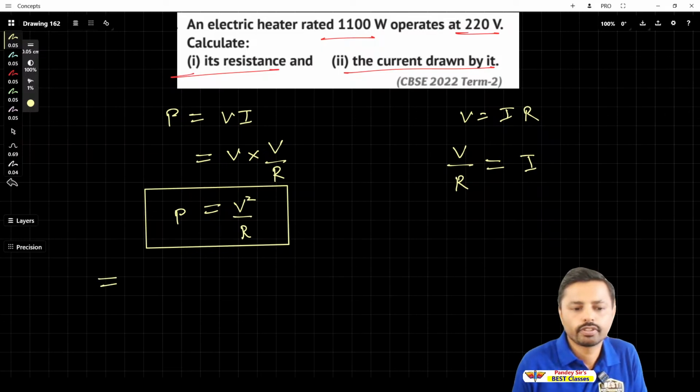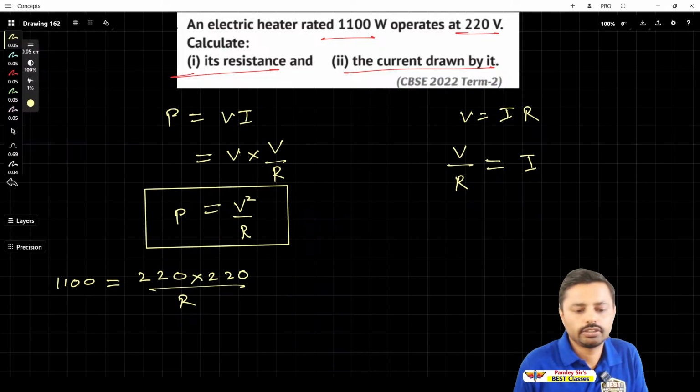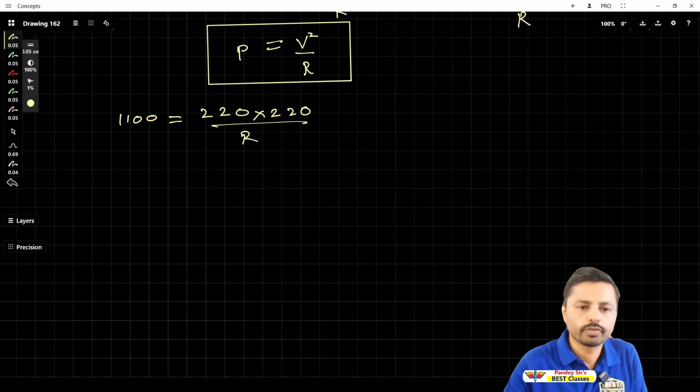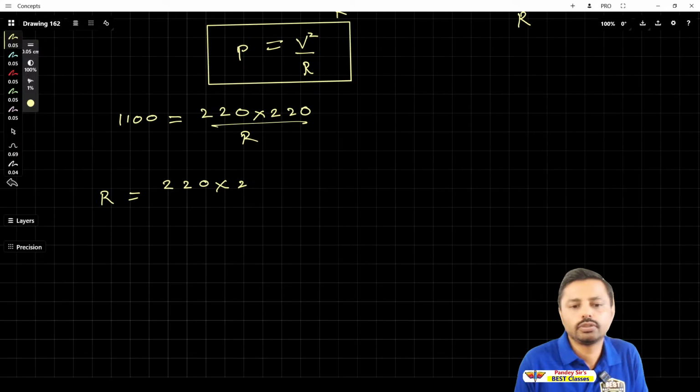Let's put in the values and get the resistance. P is given as 1100, V is 220 into 220, R is not given, that's fine. Let's just cross multiply. R will come this side and 1100 will go to the other side: 220 into 220 by 11 into 100, since 1100 can be written that way.